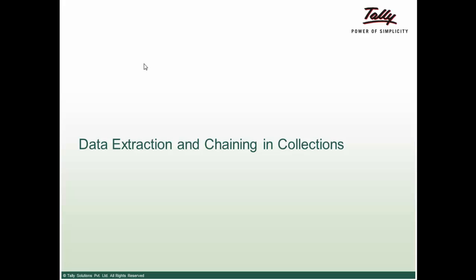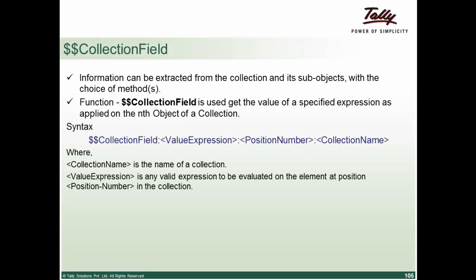Now the set of data extraction and chaining in collections that we have is collection field. This will only help us to extract a particular object value from my collection. So that is the collection field colon the value, which is a method or any expression that you need.